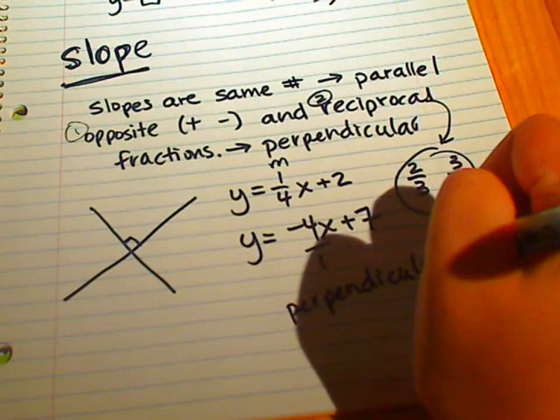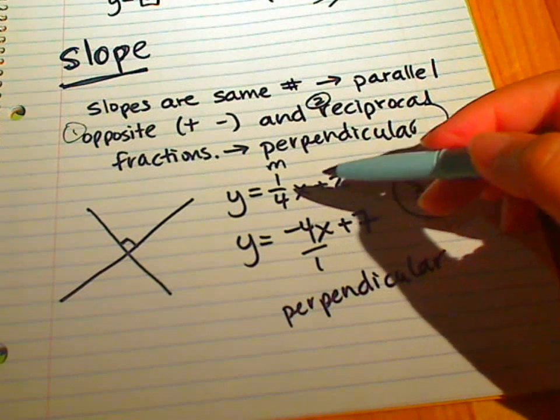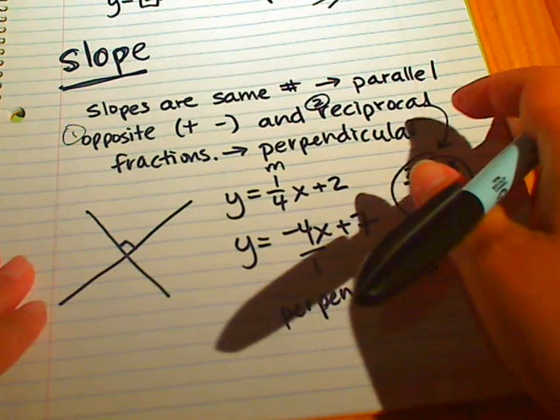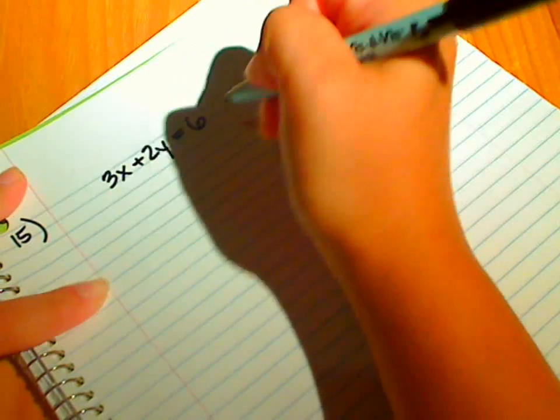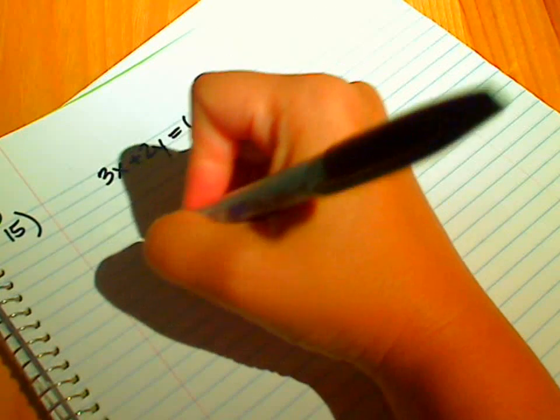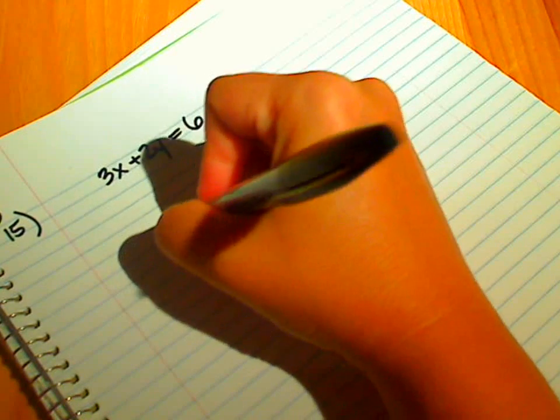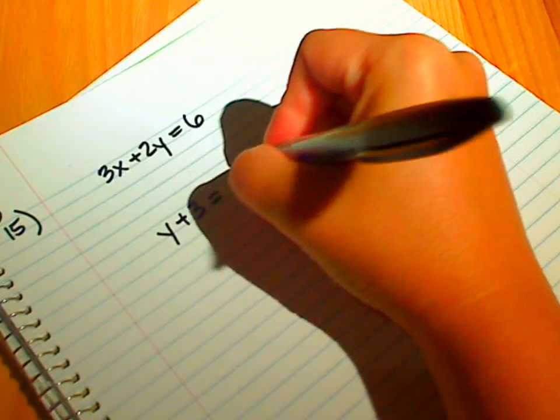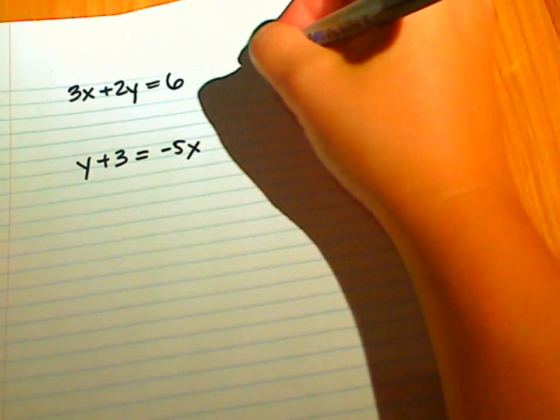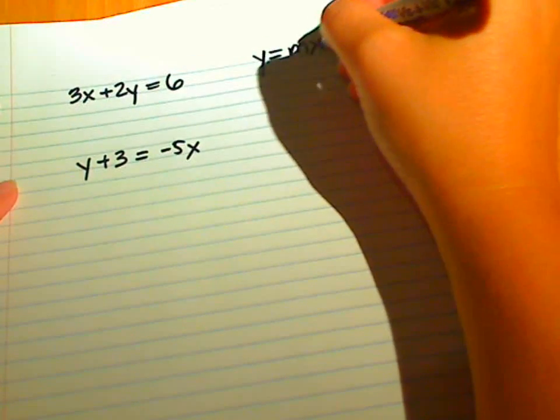Now, if the slopes are different and they're not opposite reciprocals, then they are not parallel and they are not perpendicular. So for problems like 15 and 16 specifically, if you have 3x plus 2y equals 6, and then something like y plus 3 equals negative 5x, the first thing you have to do is get the y by itself.